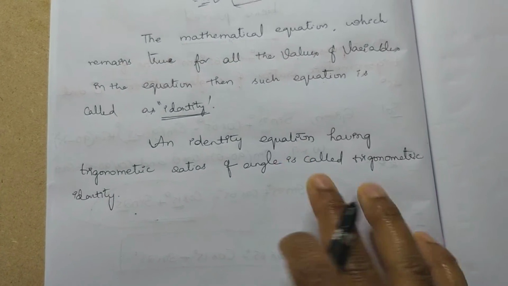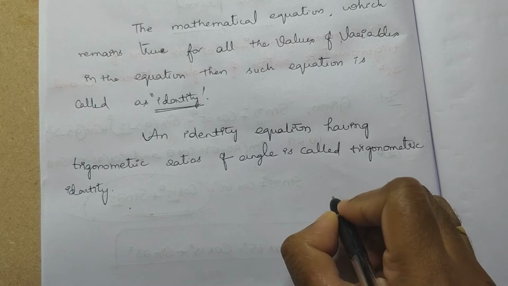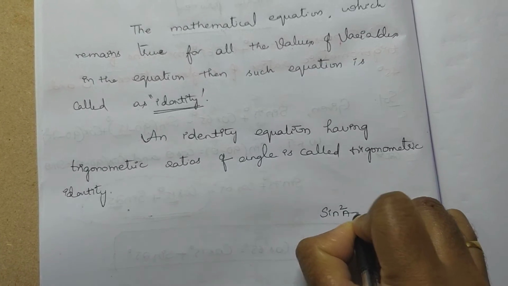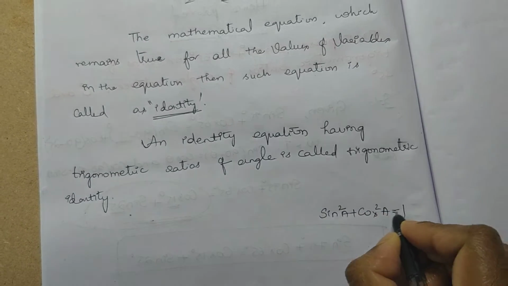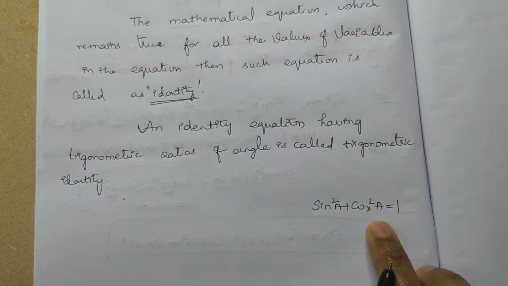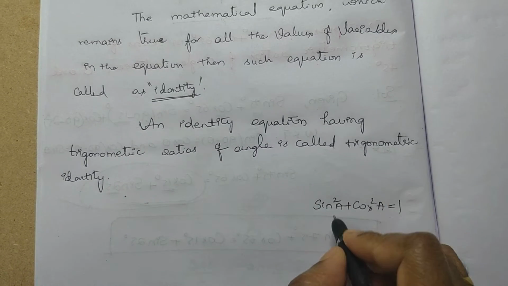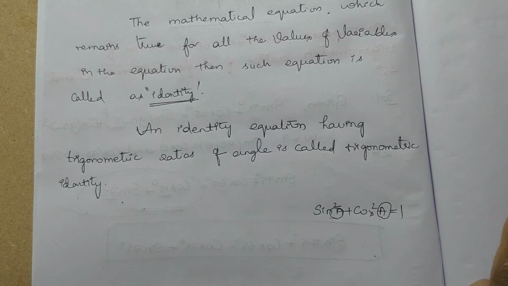Let me give an example. Suppose sin square A plus cos square A equals 1. This is a mathematical equation, an identity equation having trigonometric ratios of one angle. A is the only angle taken.